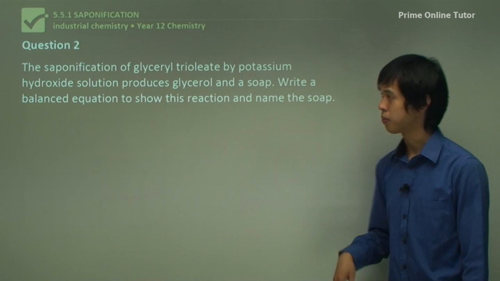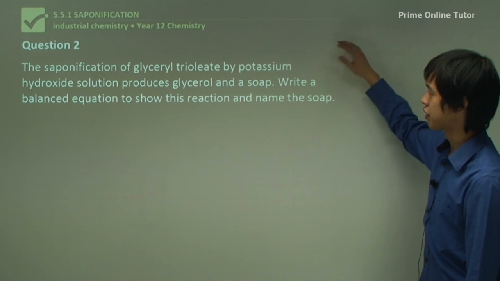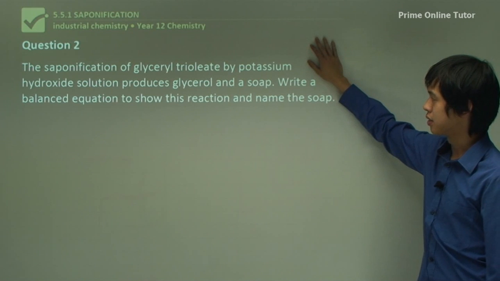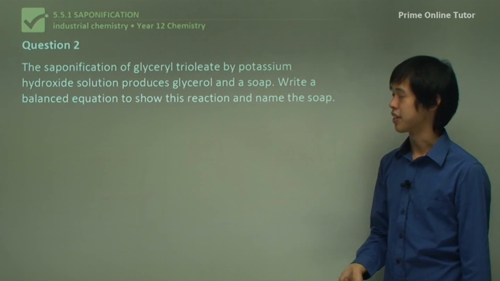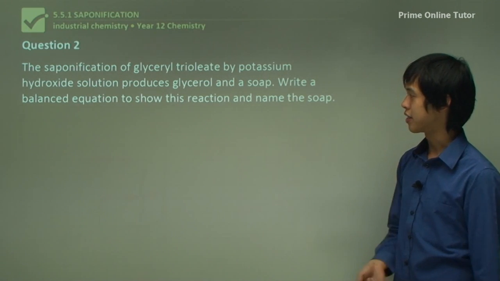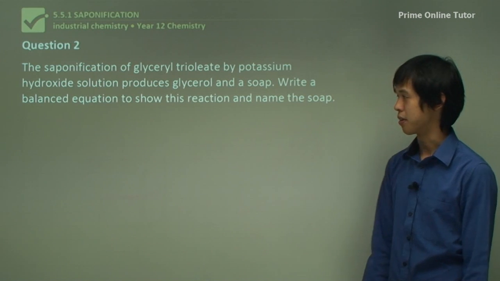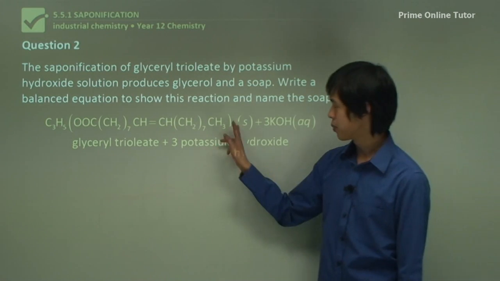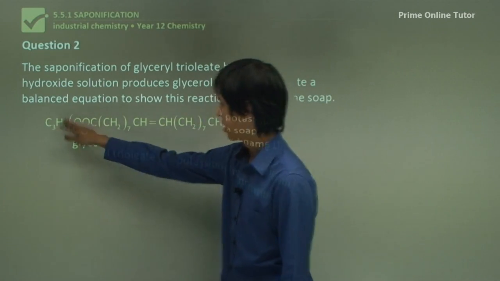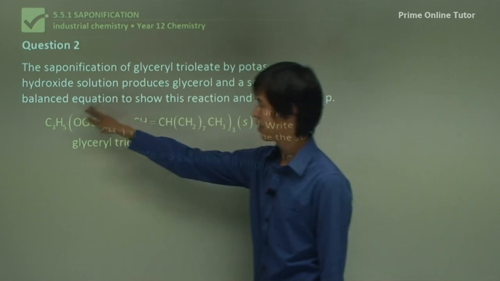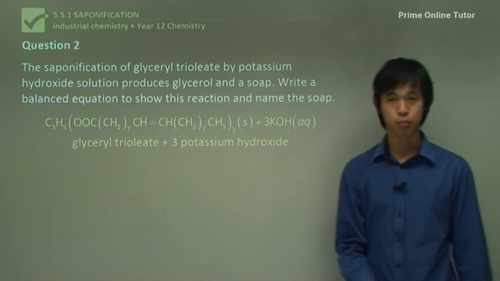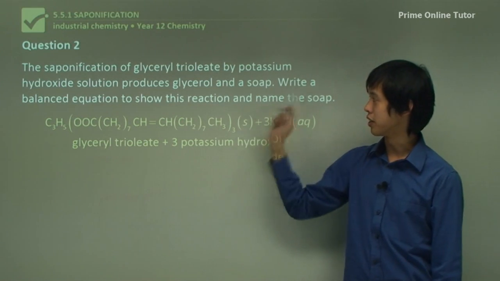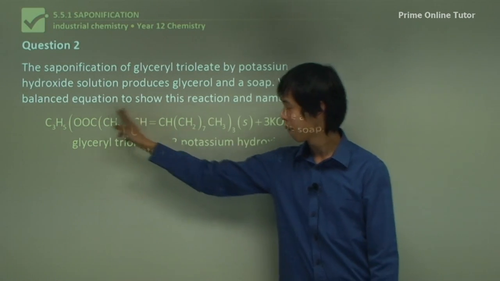Question 2. The saponification of glycerol trioleate by potassium hydroxide solution produces glycerol and a soap. Write a balanced equation to show this reaction and name the soap. Okay, so this one here. This one here is the trioleate. If you look back through the previous parts of this lesson, you'll see that we named what oleate was.